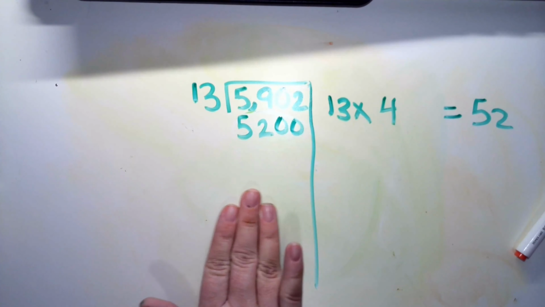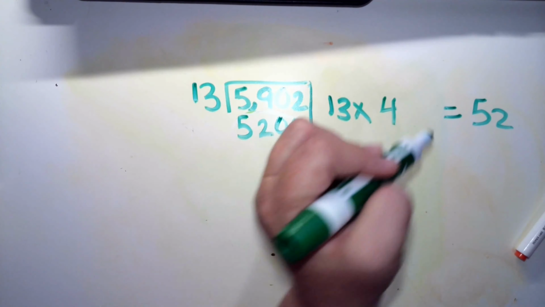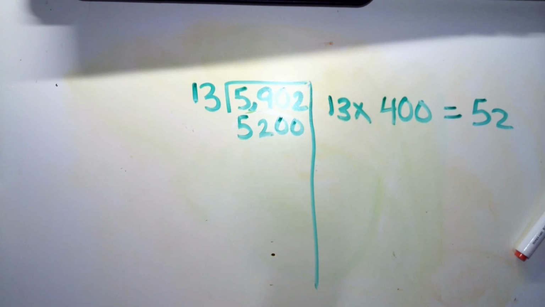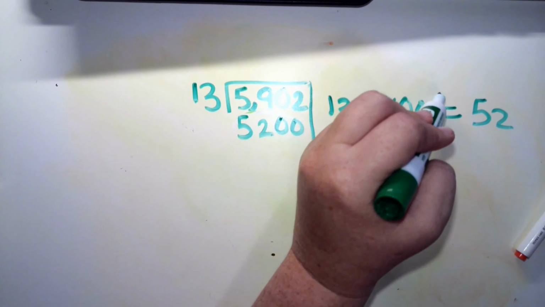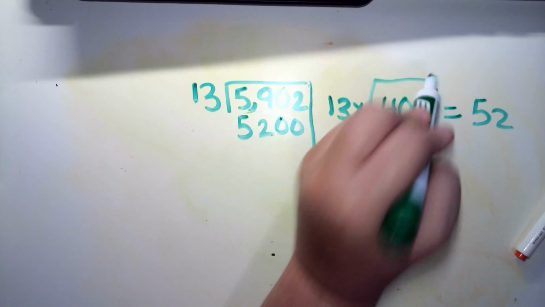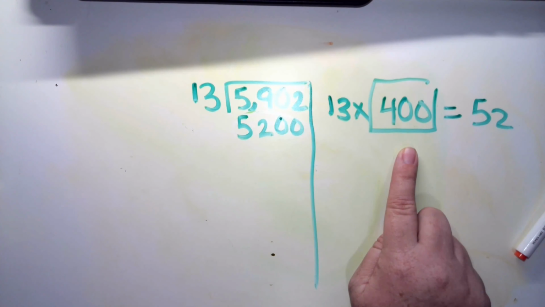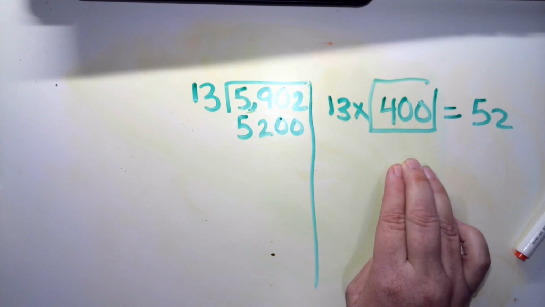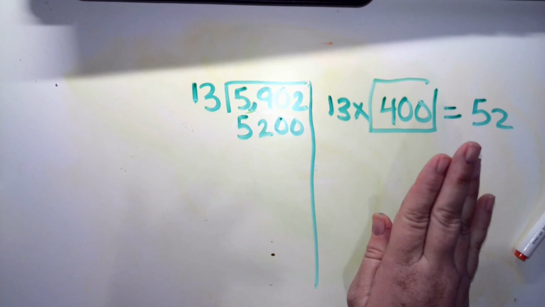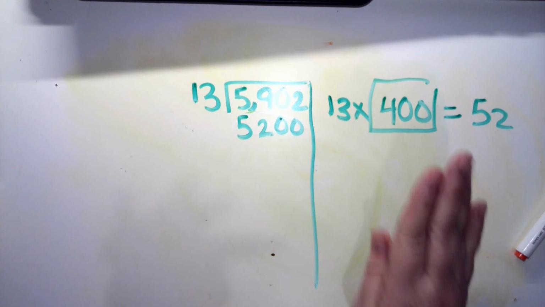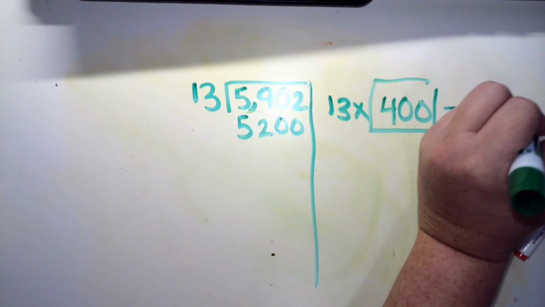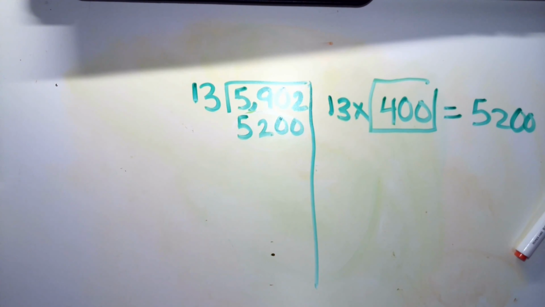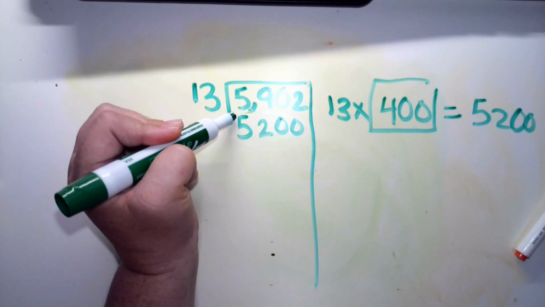But whatever I do over here, I have to do over here. So I'm just going to add 2 zeros to that 400. I mean, that 4, I'm making it 400. I'm going to box that because everything I box, I'm going to use as part of my answer. Okay? So I'm really multiplying it by 400, giving me 5,200.